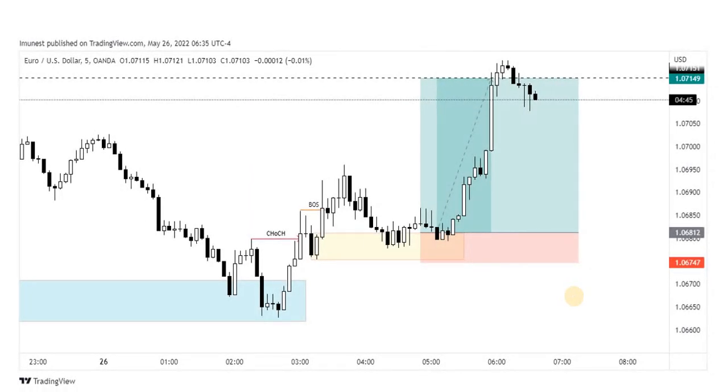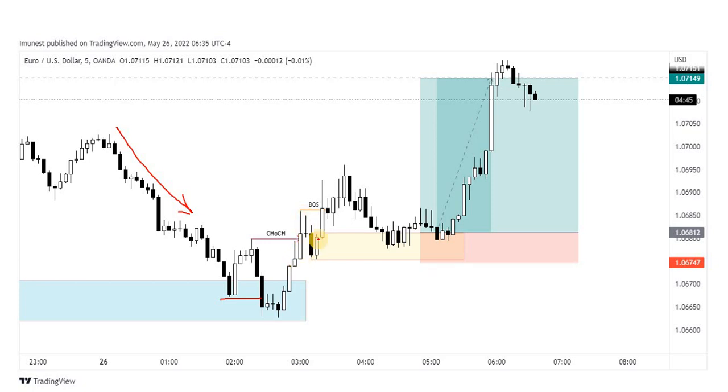So this is the example we're going to be looking at. Let's say this is a point of interest. We want to know whether price is going to react to this point of interest or not. We see this move, price was in a downtrend, and we see this move, a change of character.